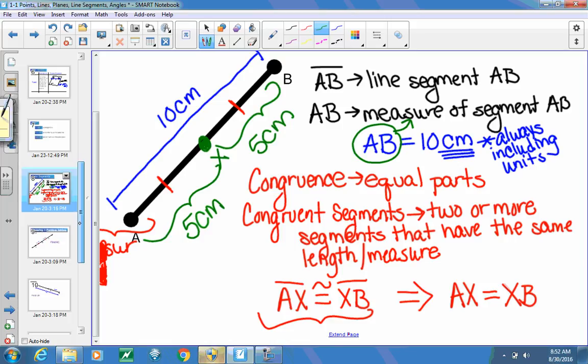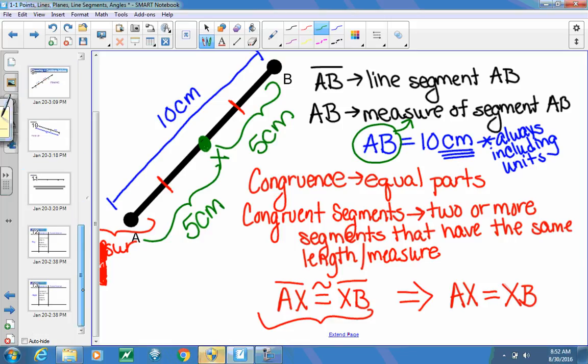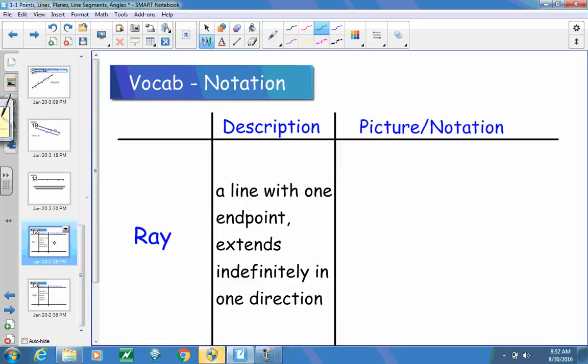All right, moving on to the next part, and that is a ray. A ray is a line with one endpoint that extends indefinitely in one direction. What that looks like is one endpoint and then a line going off in a direction. When you get into physics, you start talking about a ray more like a vector.